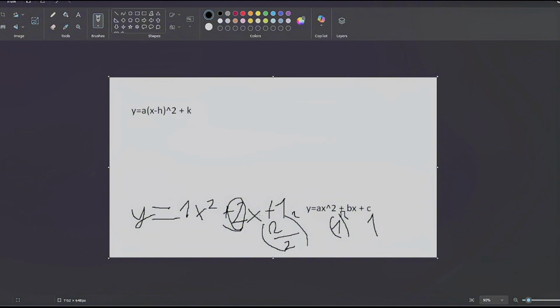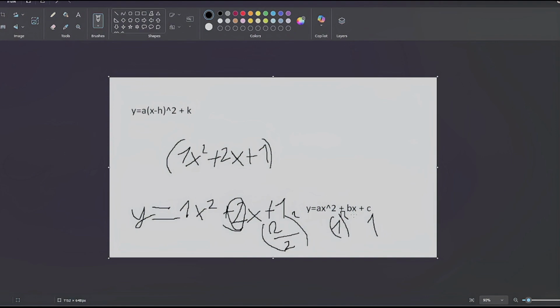In completing the square, you put these terms in parentheses: x squared plus 2x plus the 1 we just got, and close the parentheses.